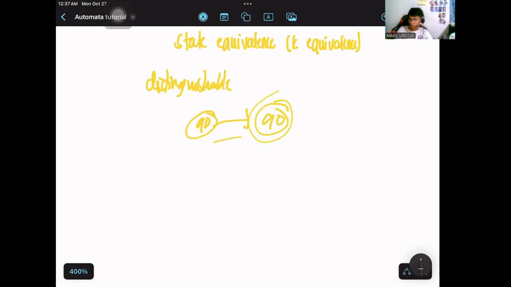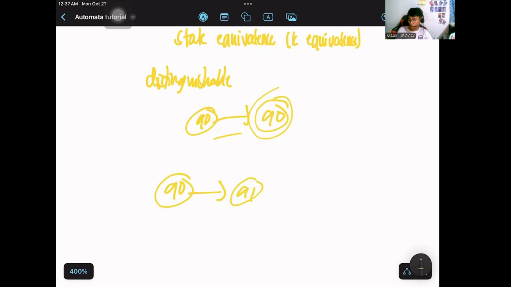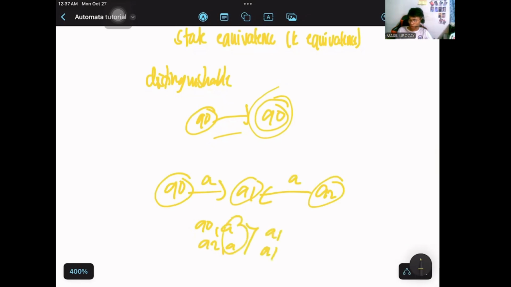But here in the state equivalence, for example, Q0, Q1, then Q2 down to this is A and this is A. If you check Q1 with A and Q2 with A, we cannot do anything because they go to Q1 and Q1.